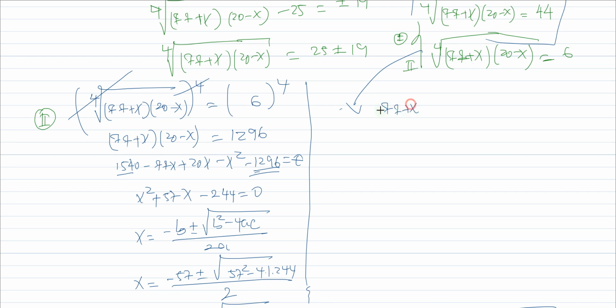77 plus x, 20 minus x, this would be equal to 4 to the power of 4, right?